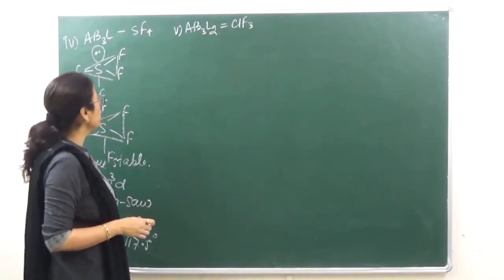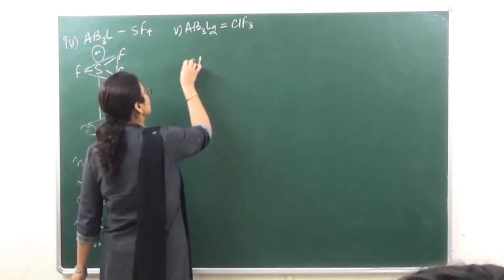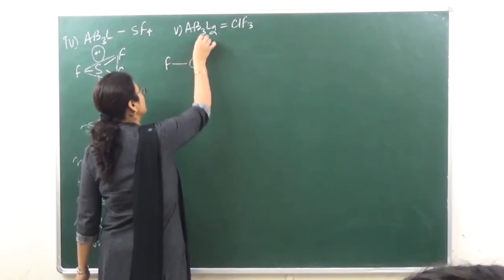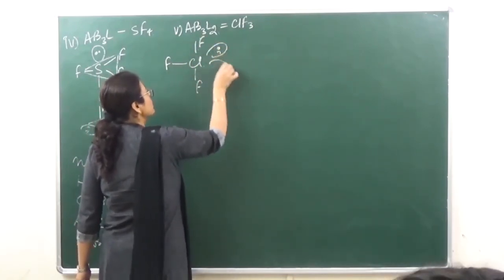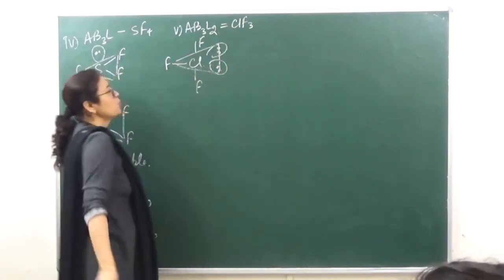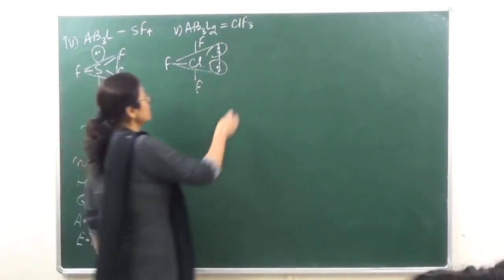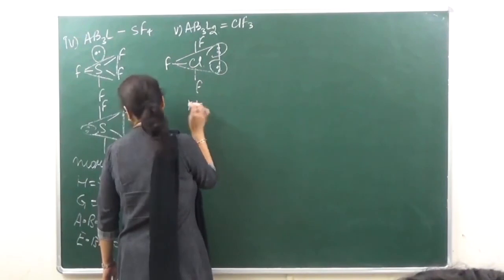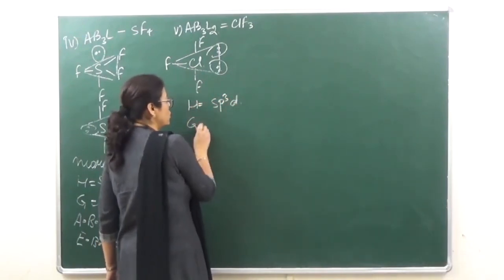Okay, so when we are talking of ClF3, Cl, F and two lone pair of electrons which are directed to the equatorial positions. Hybridization in this case, that is going to be same, sp3d.